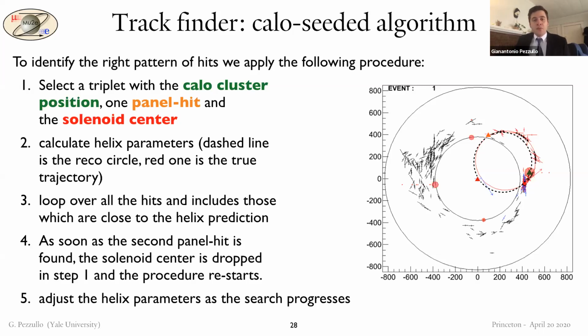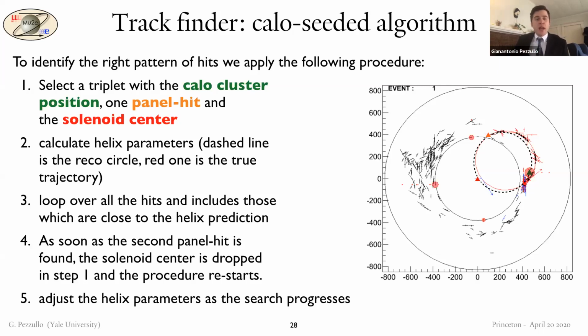We evaluate the helix parameters using this triplet, and we obtain the dashed line represented in the picture. Then we extrapolate the helix into the next tracking plane, and we pick all the hits which are within the cone that we use for implementing this extrapolation.